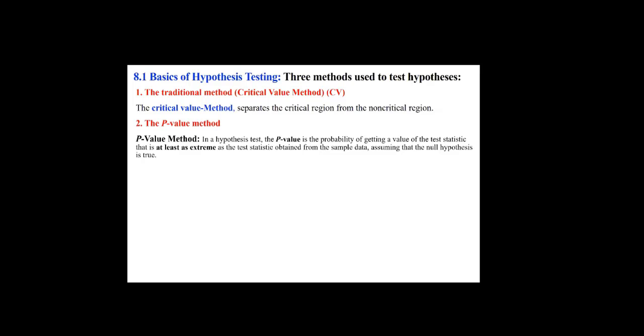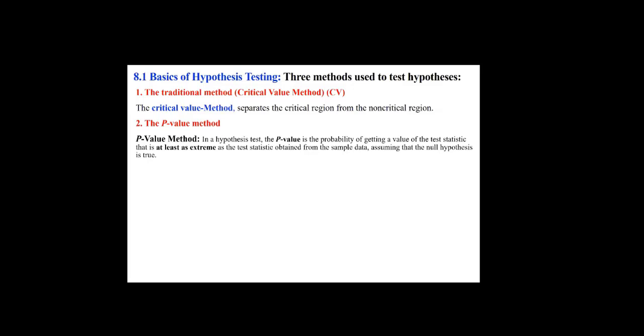The second one is the p-value method. As far as the specific definition, the p-value is the probability of getting a value of the test statistic that is at least as extreme as the test statistic obtained from the sample data, assuming that the null hypothesis is true. It may be hard to understand the definition, but the idea is the following. In the first case, we compare numbers to make a decision.